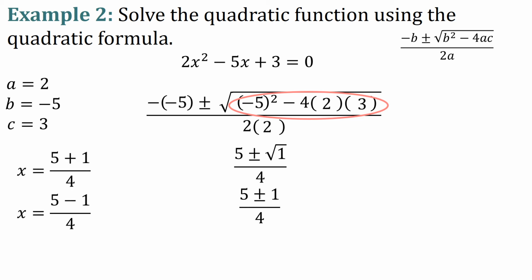Therefore, we need to split this into two scenarios. x is 5 plus 1 over 4 and 5 minus 1 over 4. So 5 plus 1 over 4, that's 6 over 4, which reduces to 3 over 2. And 5 minus 1 over 4 is 4 over 4, which reduces to 1. So our two answers are 3/2 and 1.